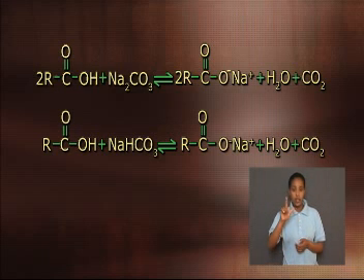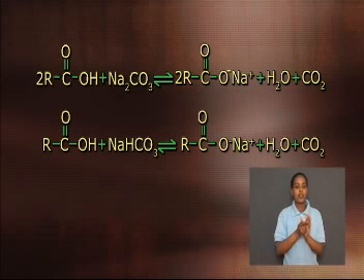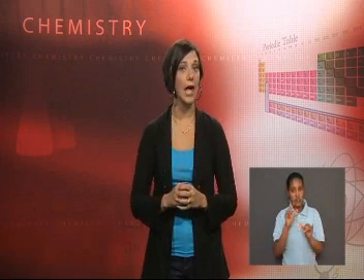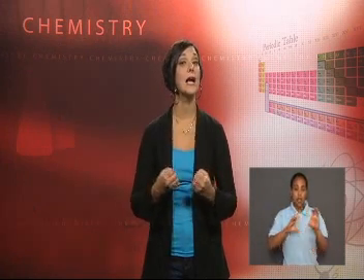Carboxylic acids react with weak bases, such as carbonates or bicarbonates, to form salt, water, and carbon dioxide. Students, we have just gone over a few of the chemical properties of saturated monocarboxylic acids.